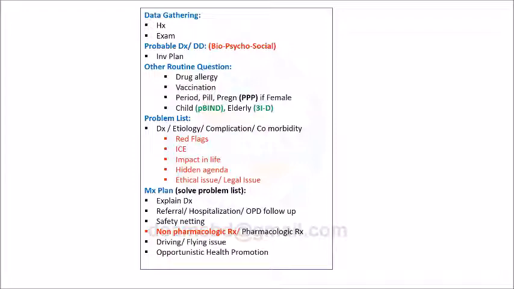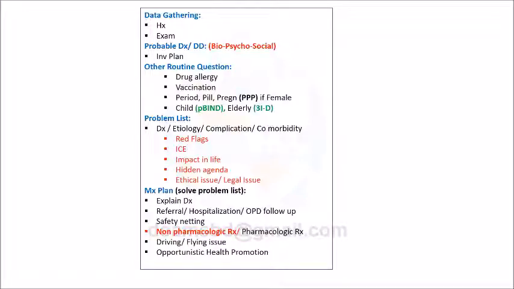Some patients have respiratory illness, COPD, breathlessness. So is the patient planning to go by airlines? We must ask. Again, it is not mandatory for all patients, but if our diagnosis suggests that I must know it, I must ask it. Driving and flying, especially driving, is very, very important.